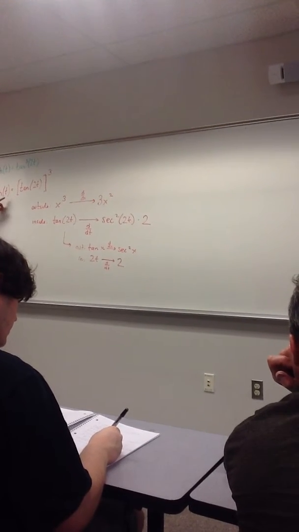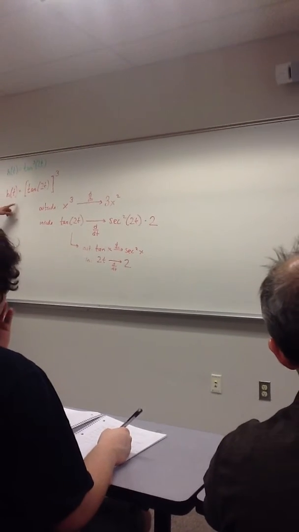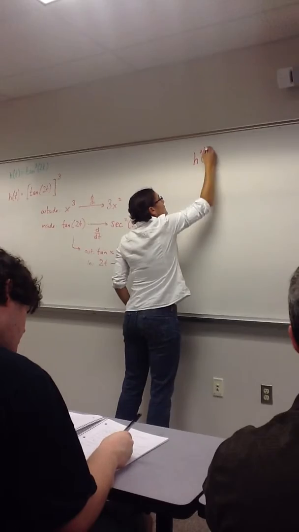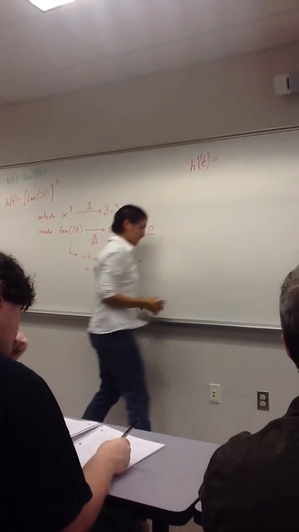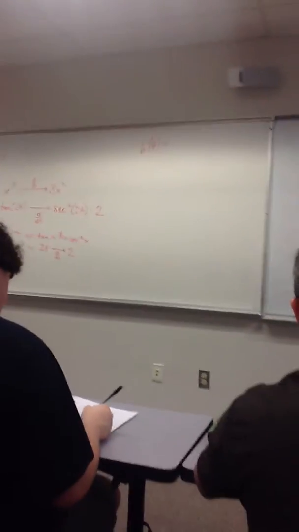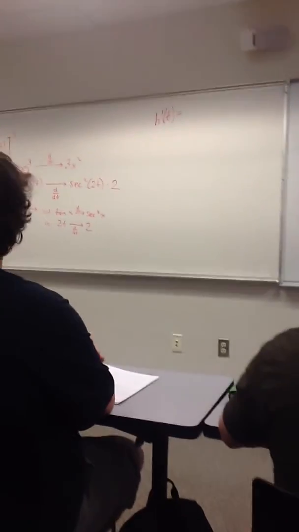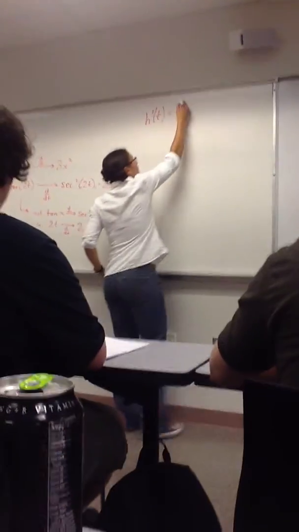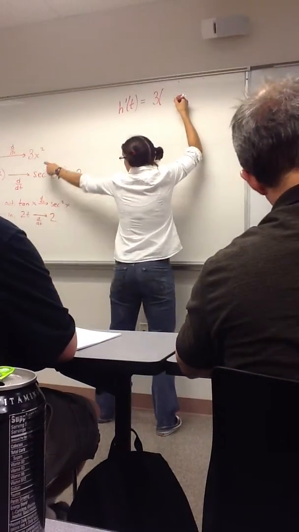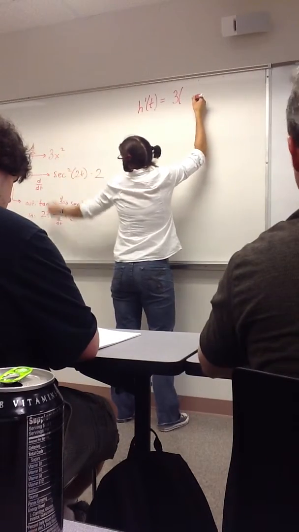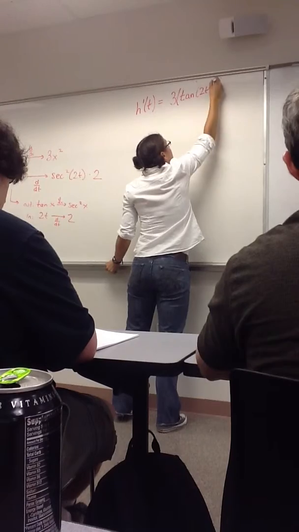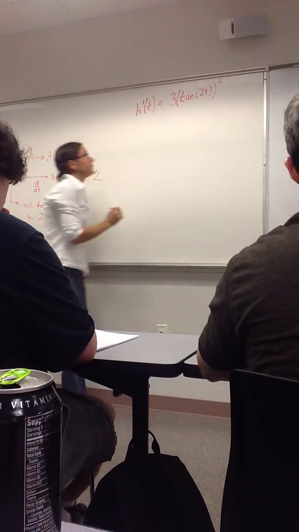Okay, so now let's go back up to our original function. Calculating h prime of t, our inside function is tangent of 2t, our outside function is x cubed. Derivative of the outside, keeping the inside the same, is 3x, well my x is my inside, so 3 times tangent of 2t, whole thing squared.